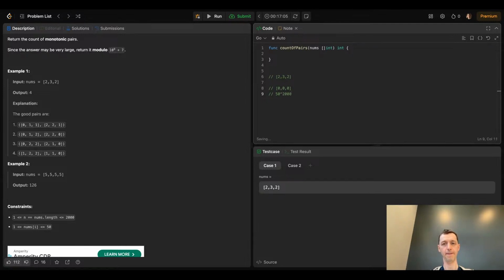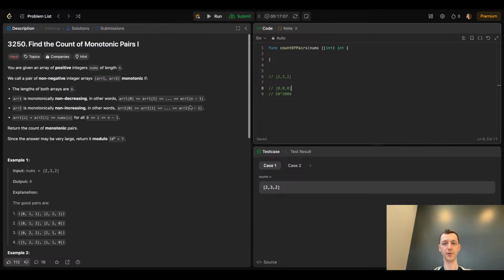If we just brute force this and we generate every possible, asymptotically, that is 50 to the power of 2000. That is a big number.